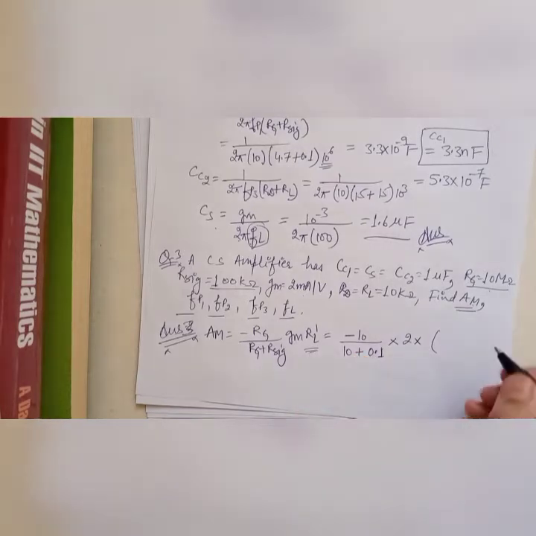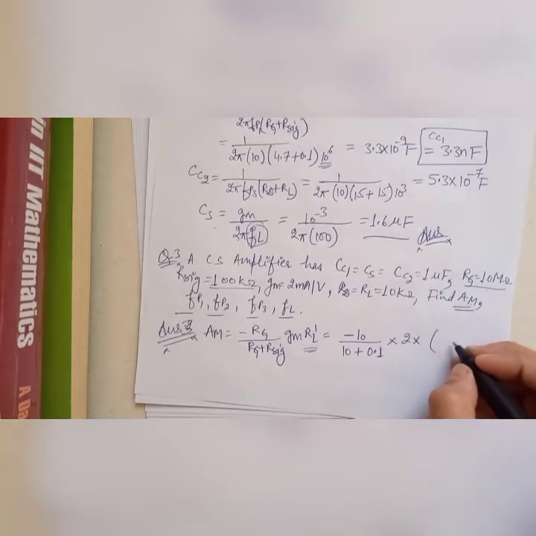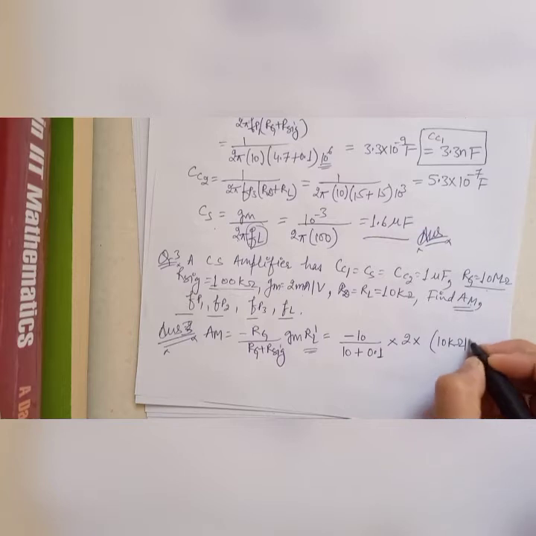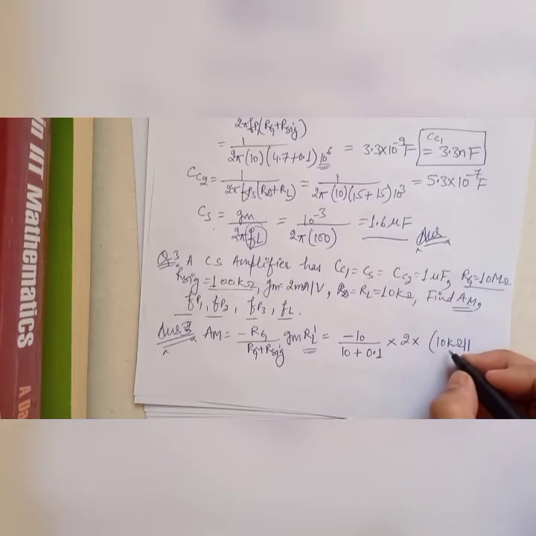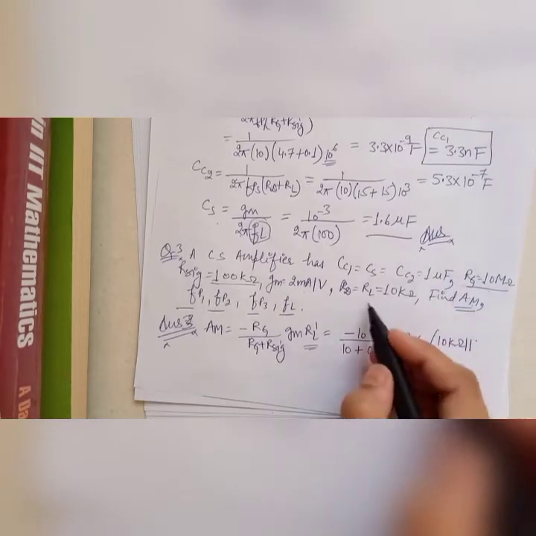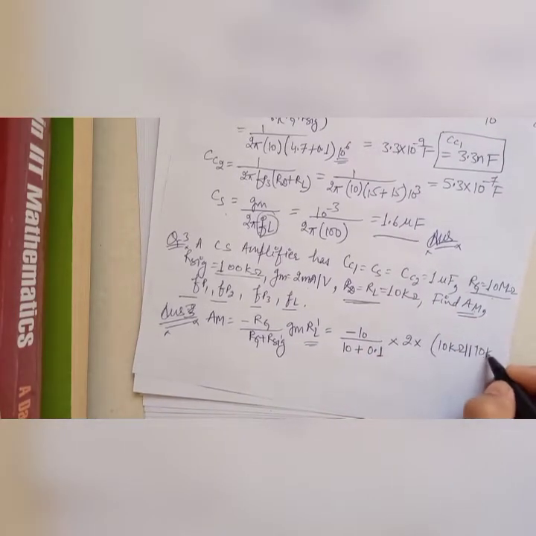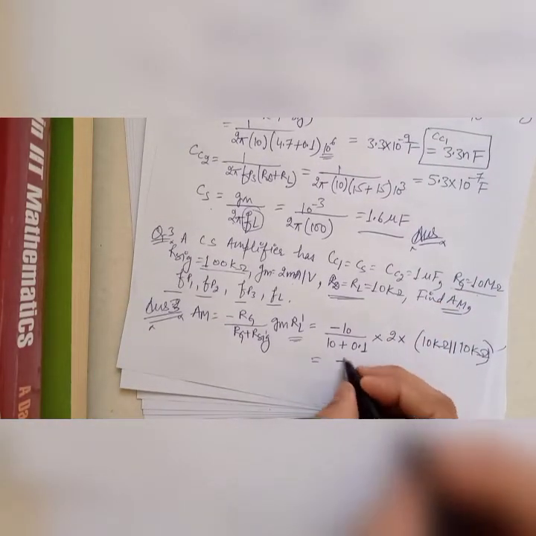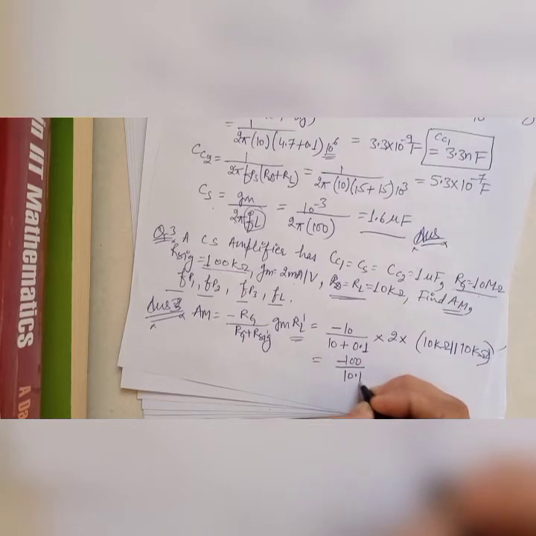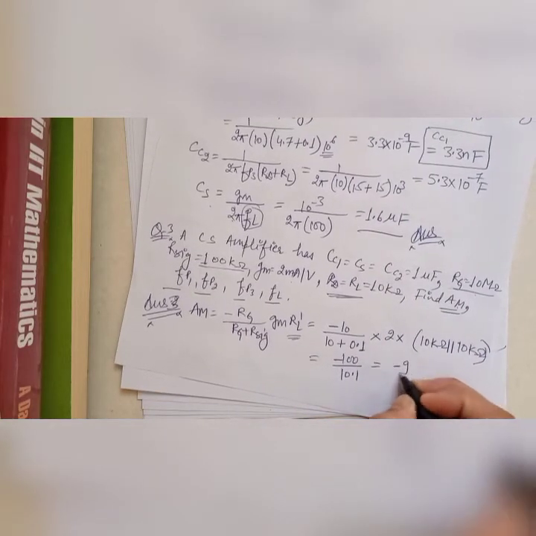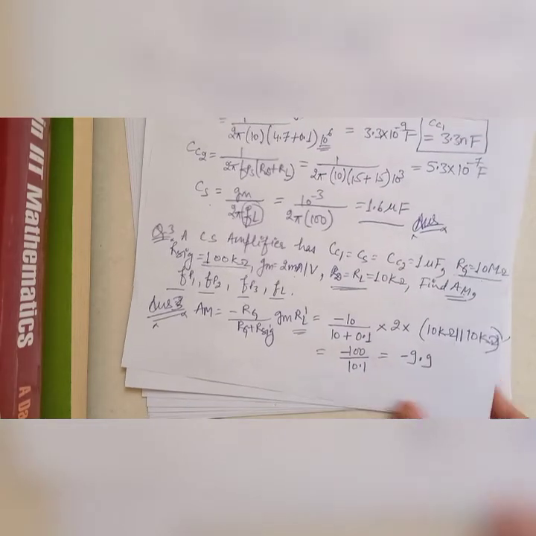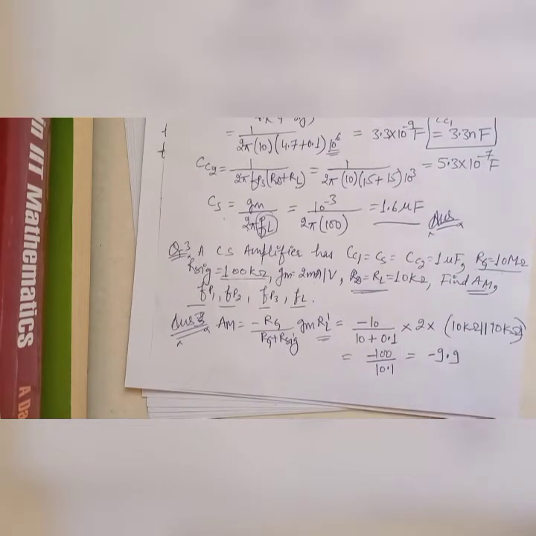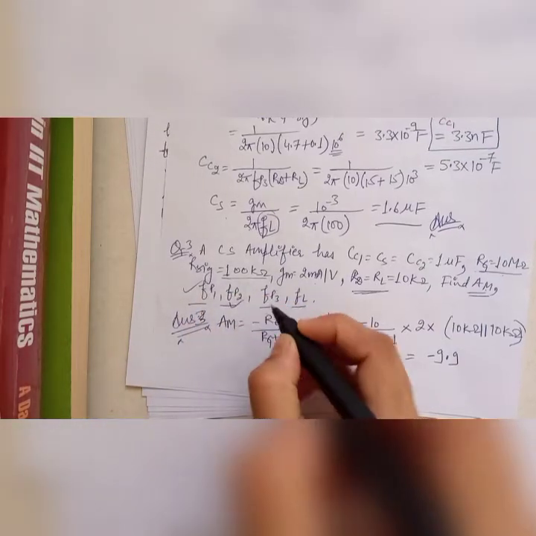But this RL dash is nothing but RD parallel with RL, so 10 kilo ohm parallel with 10 kilo ohm. When you solve this, you will get minus 100 divided by 10.1. If you solve further, you will get minus 9.9. So this is the solution for AM. Now we are still unknown with FP1, FP2, FP3, FL. Let's find out these.